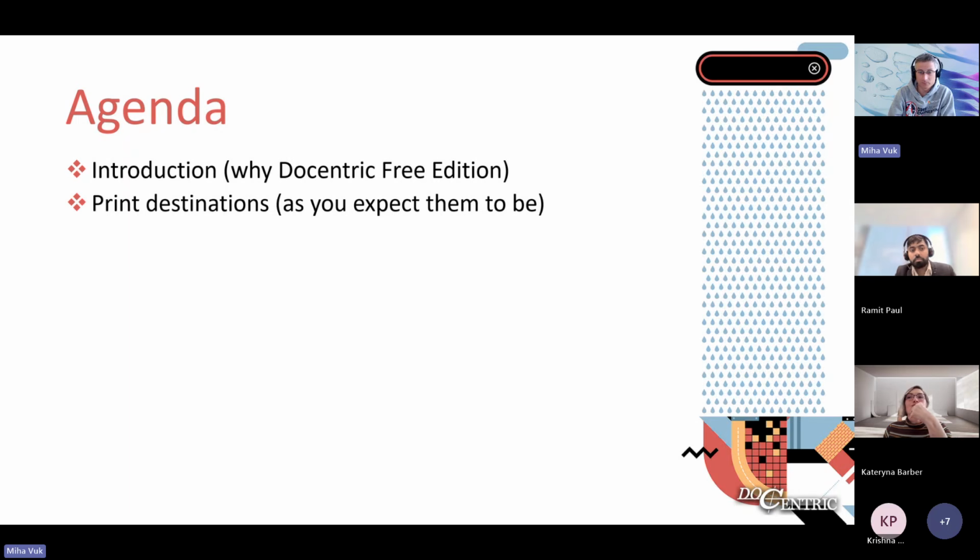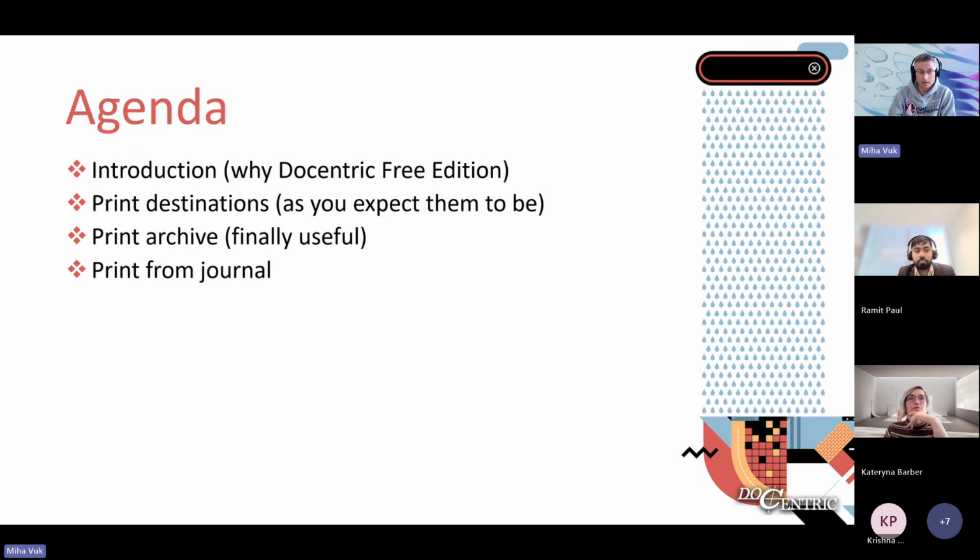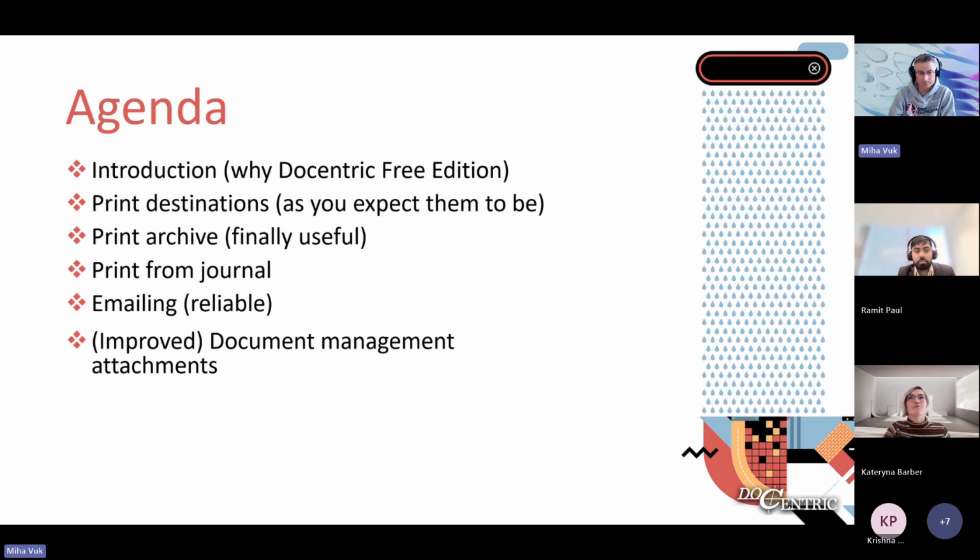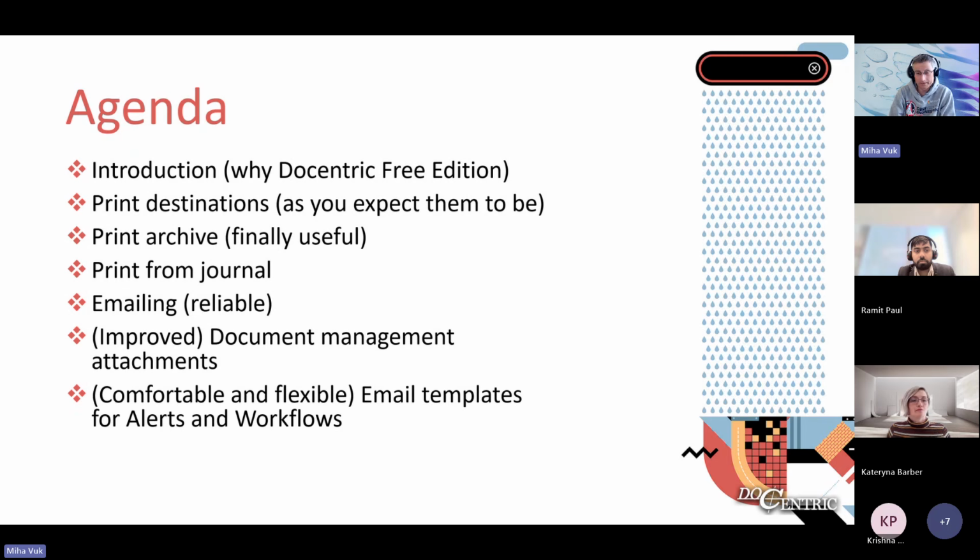So we will talk about print destinations as you would expect them to be, about print archive where you can actually find the documents, how to print the documents from journals, how to reprint them later if needed, also massively about emailing, how to make it reliable, and then also some other improvements, how to work with document management attachments, and then also a similar topic with email templates for alerts and workflows, and print management setup improvements.